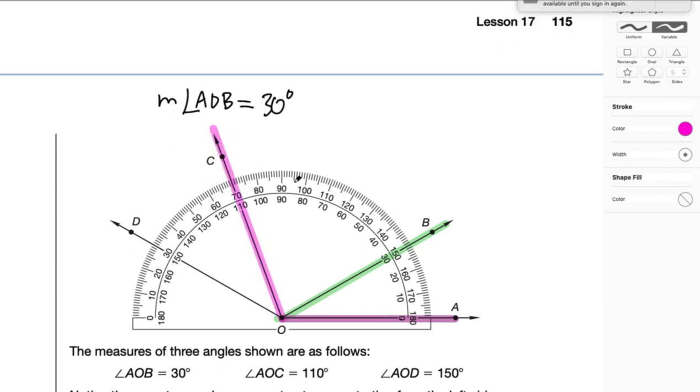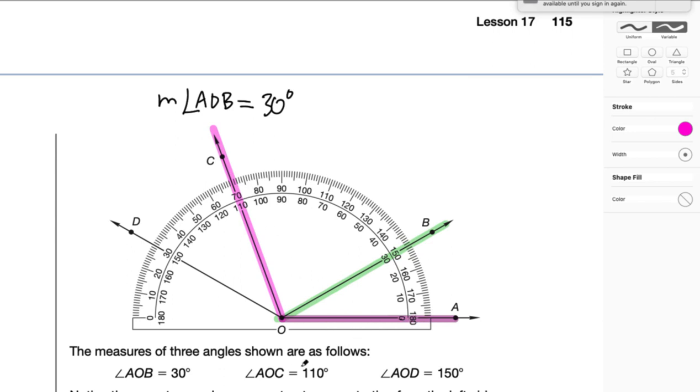Because one side is already passing through the 0, we're just going to focus our eyes on the place where the 0 starts. Notice we didn't call this 150 degrees when we were measuring the green angle, angle AOB. We started from 0, 10, 20, 30, just like you would if you were counting up. We open up and count up in the same way.